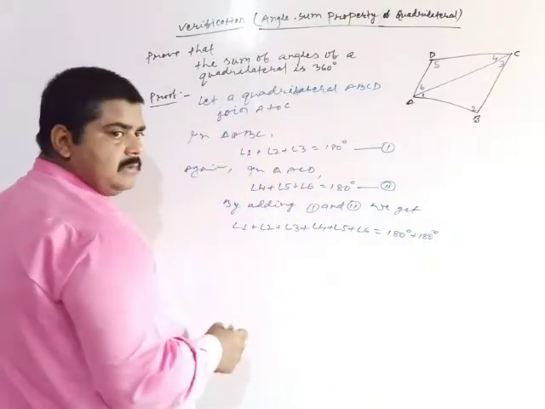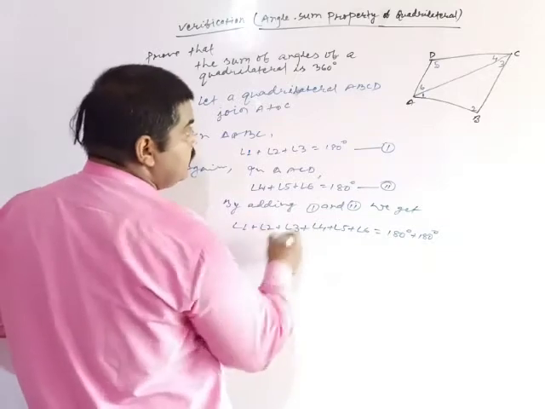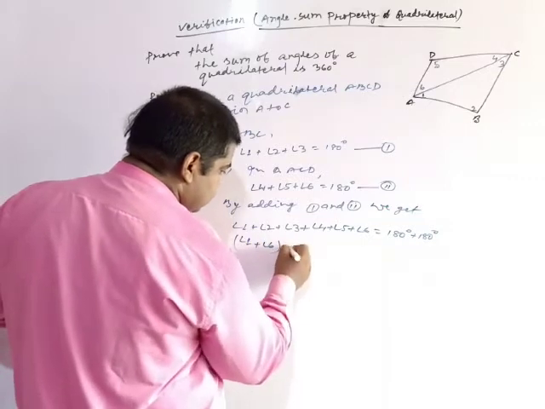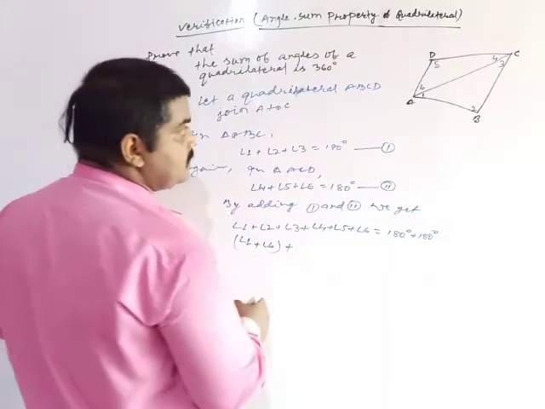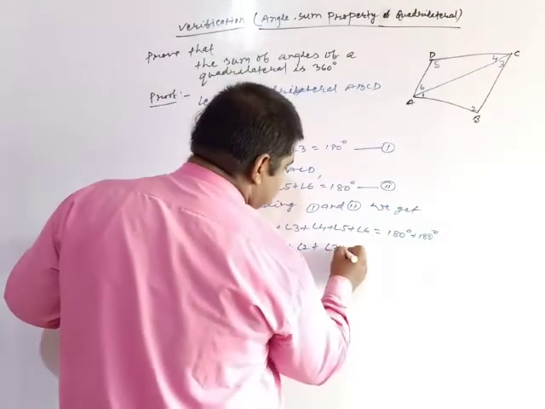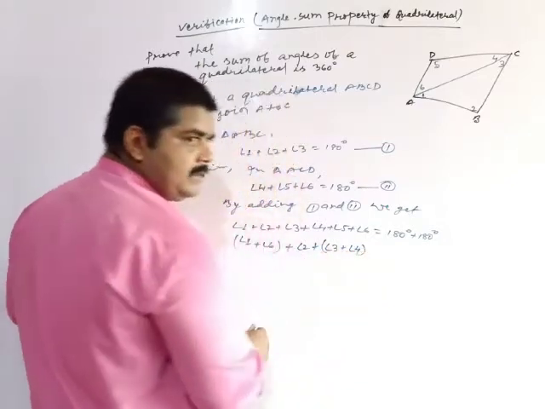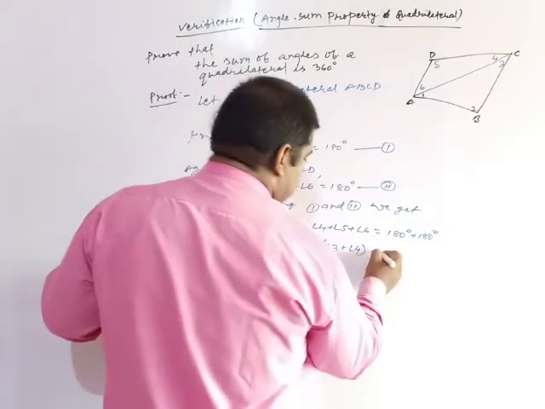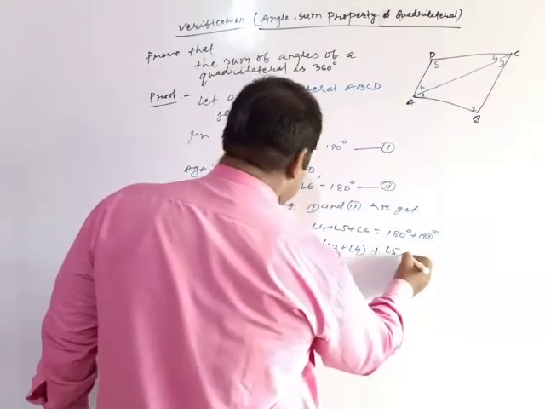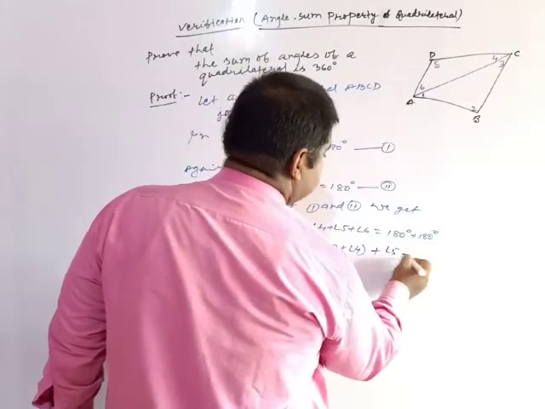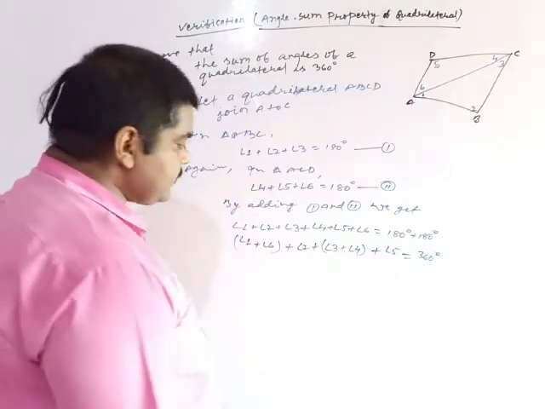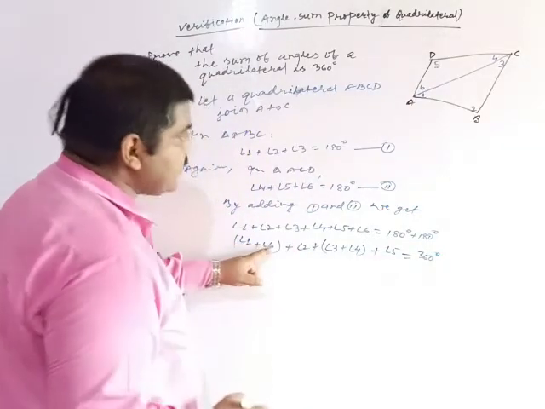And this is why, if you rearrange it, you can notice that angle 1 plus angle 6, plus angle 2, plus angle 3 plus angle 4 written in brackets, and after that angle 5, is equal to 360 degrees.